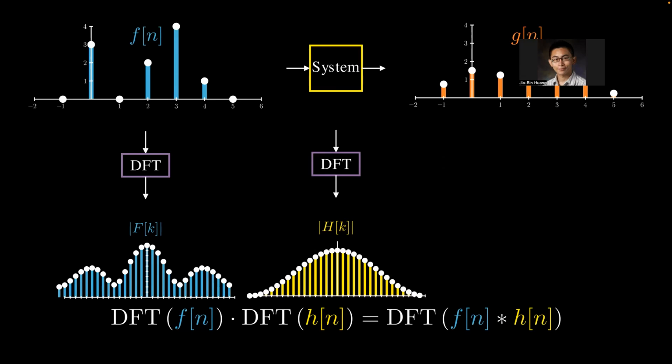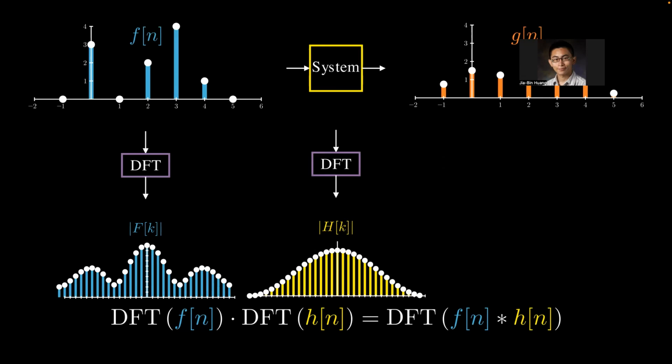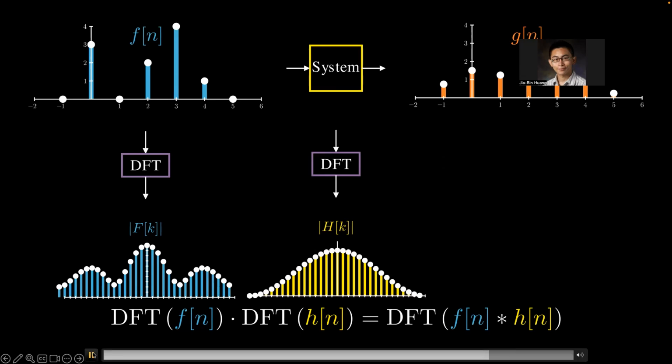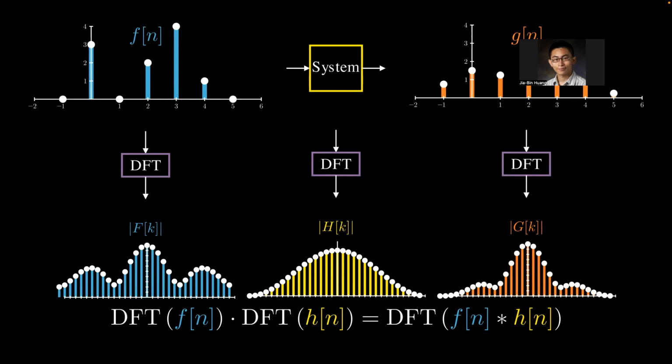So what is this guy doing? It's basically saying that if the frequency is low, then you have a high value. If the frequency is higher, then you have a lower value. It's trying to suppress the high frequency signal, and the output of this will look like this. Okay, so the output is the input frequency representation multiplied by this guy.